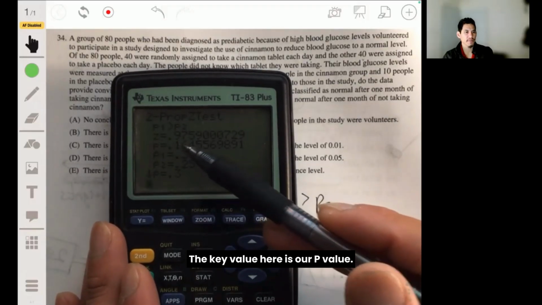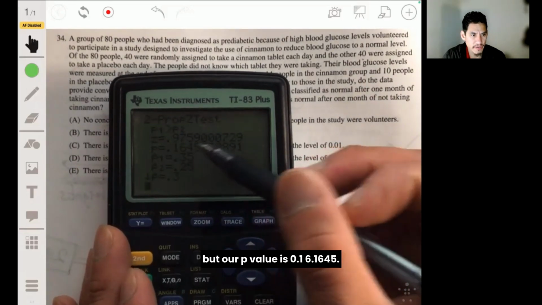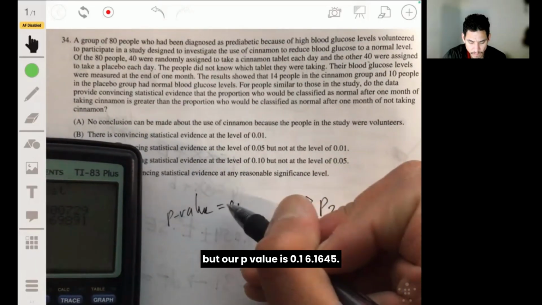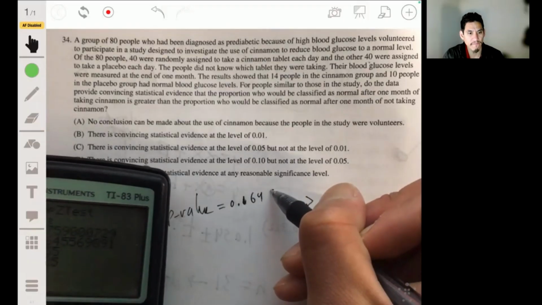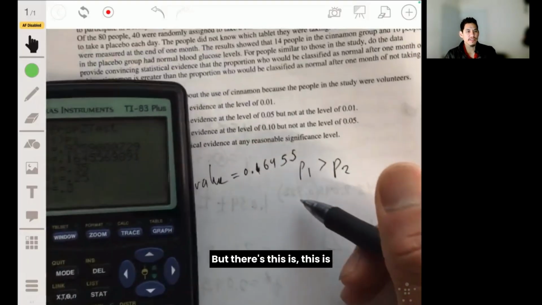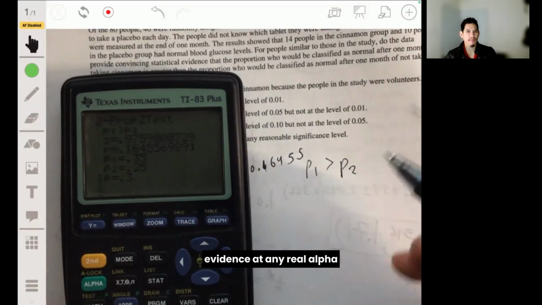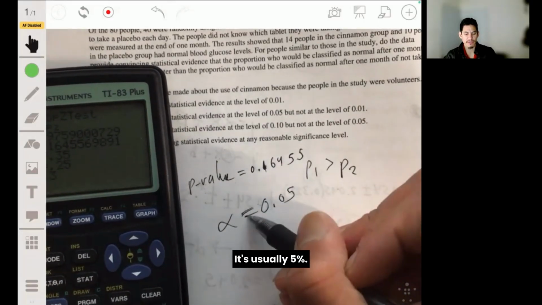The key value here is our P value. That P value, not proportion, but our P value is 0.1645. But this is not going to give us significant evidence at any real alpha level, because usually at default alpha is 5%.